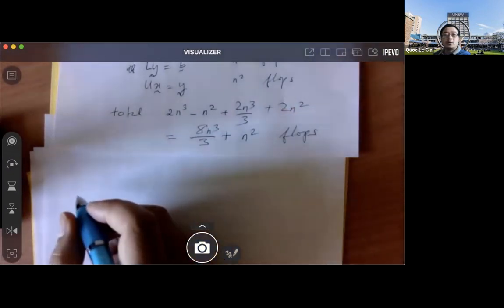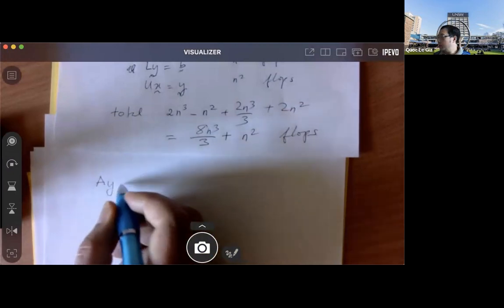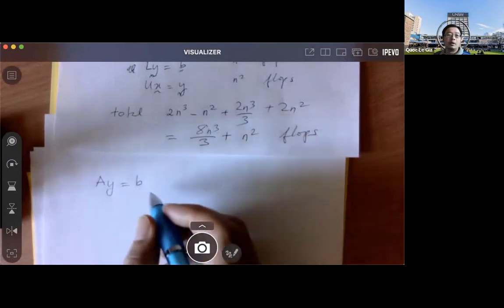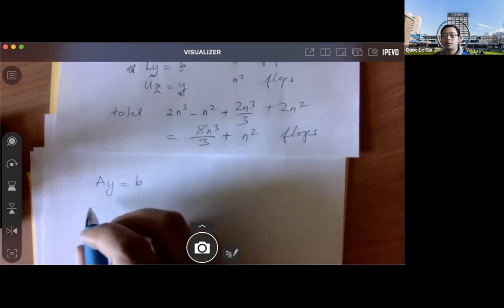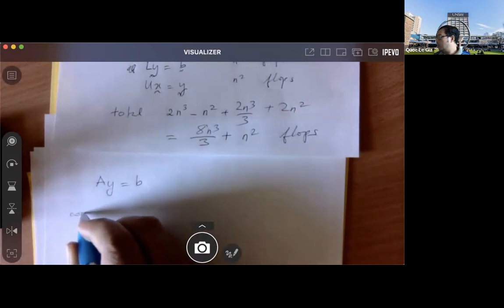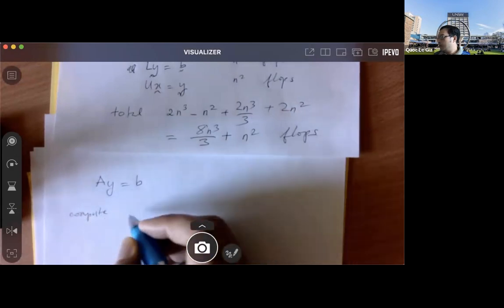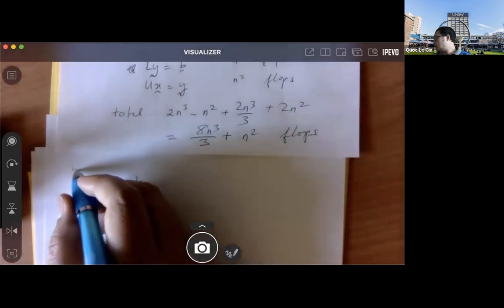Now the second approach is you solve Ay equals b. Again, you can compute the LU factorization first. So this is the second approach.